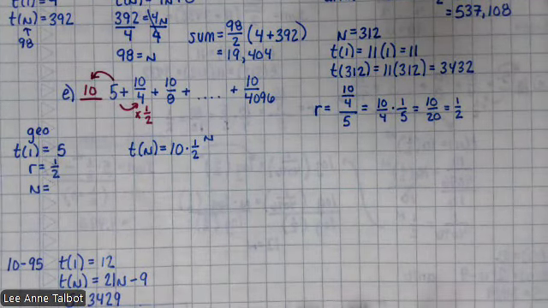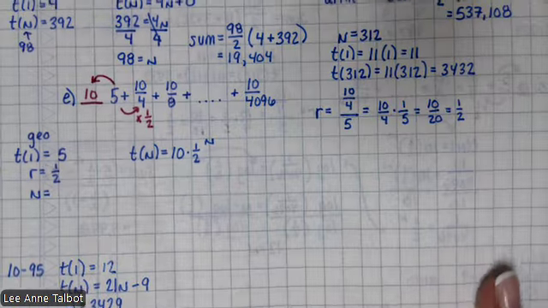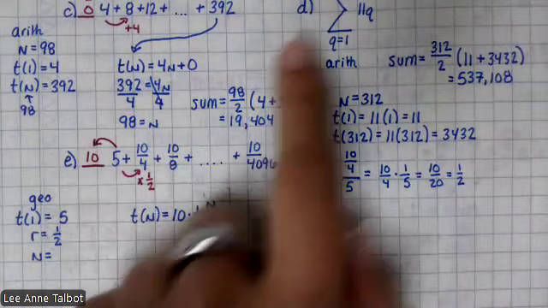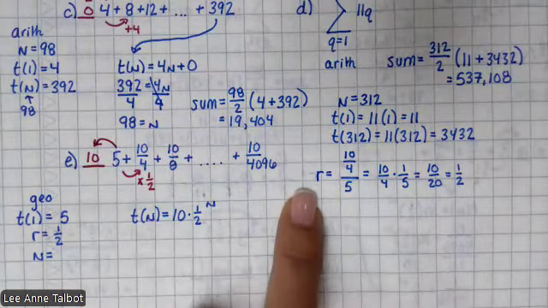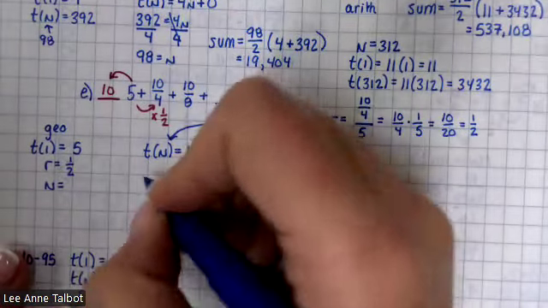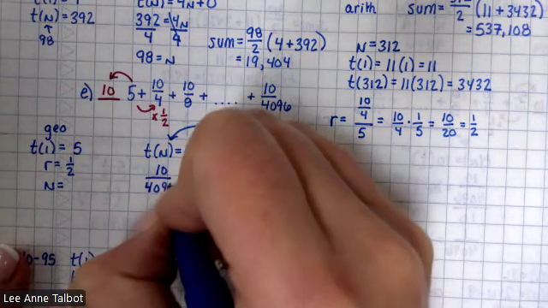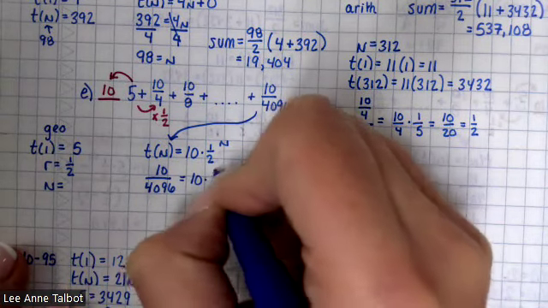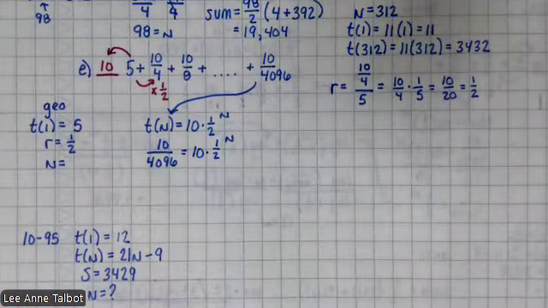Okay, which term am I interested in seeing what spot it's in? Let me just notice my arrow from the previous. Yep, 10 over big number. And now, squirrel in the tree.